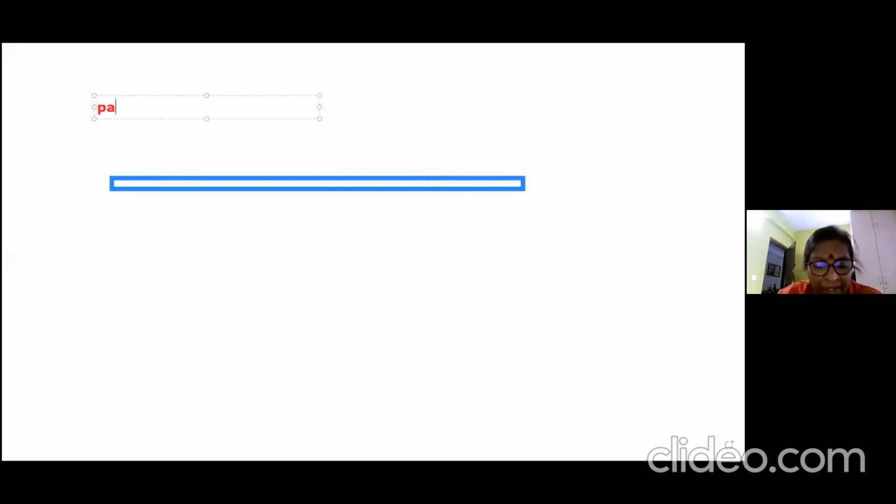This is a pay band, with, say for example, 8,000, which is also the minimum, and this is your 12,000, which is your max.